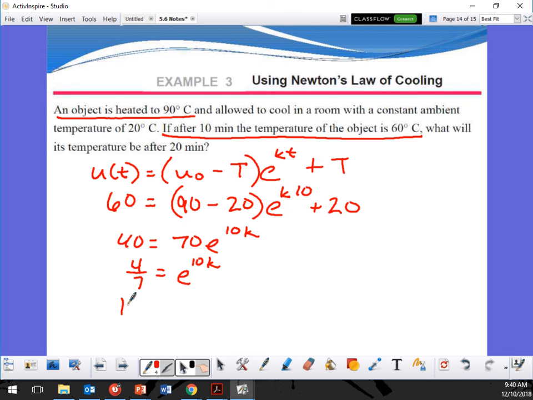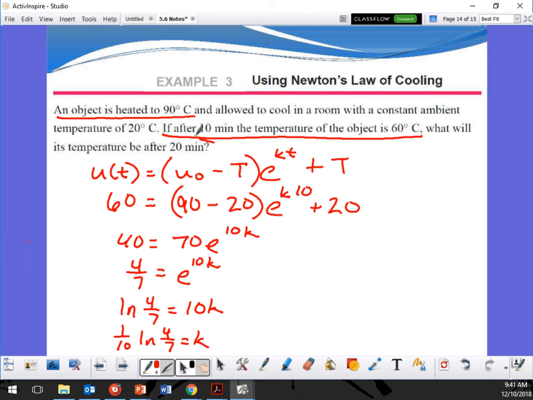Taking ln, ln of 4 over 7 is equal to 10k. So 1 over 10 ln of 4 over 7 is equal to k. So that's my rate. Okay, now I have the k.